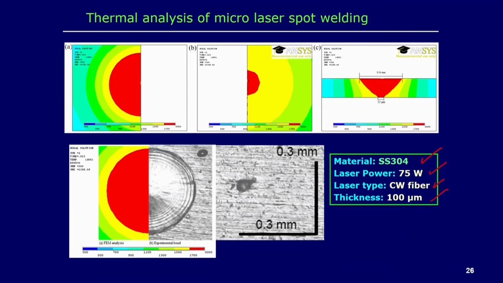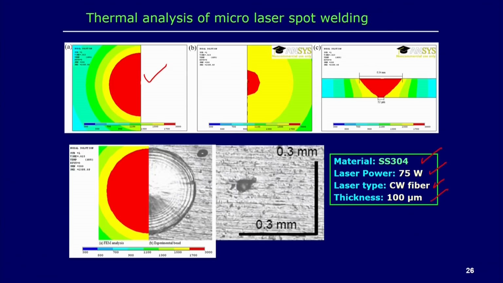So, using commercial software, the simulation has been performed, and we can see the top surface of the weld pool in this representation. Of course, here we have solved a symmetric problem.